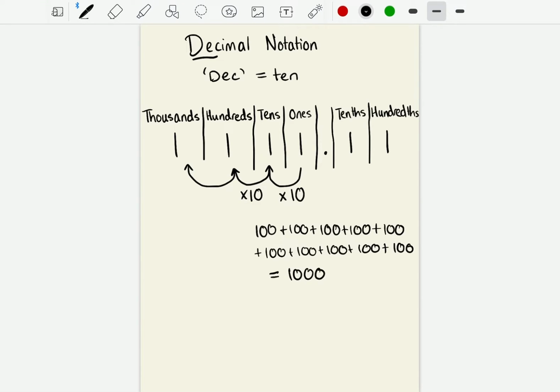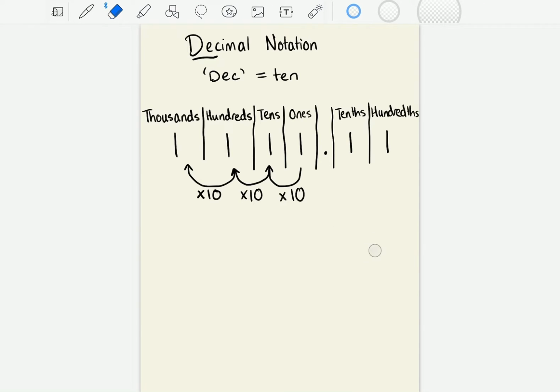So I can see that again, 1,000 is just 10 lots of 100, isn't it? It's 10 times bigger than 100. 10 times 100 gives us 1,000. So as I move to the left using my decimal notation system, I can see that each new column is 10 times larger than the previous column.